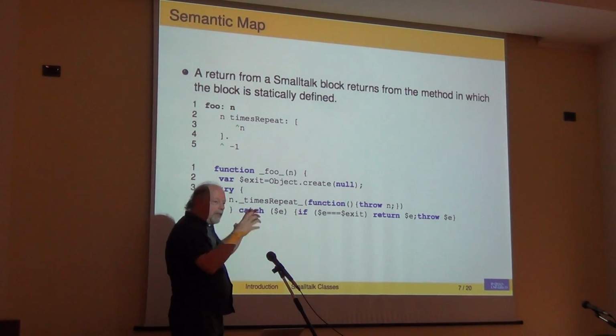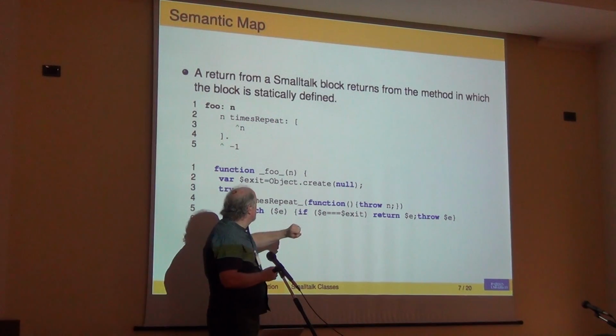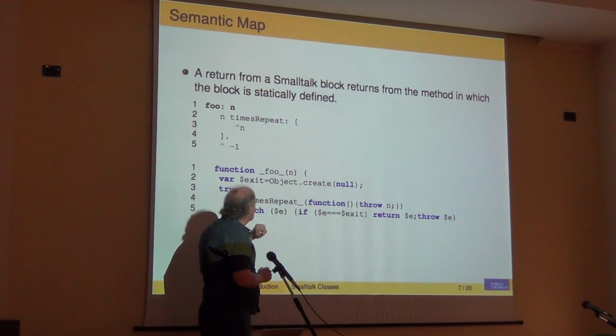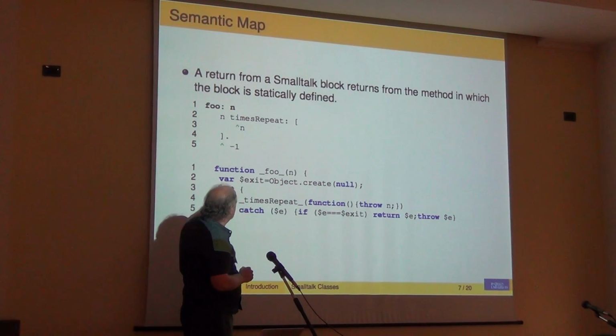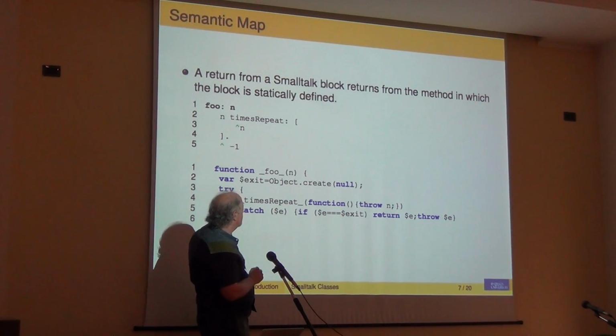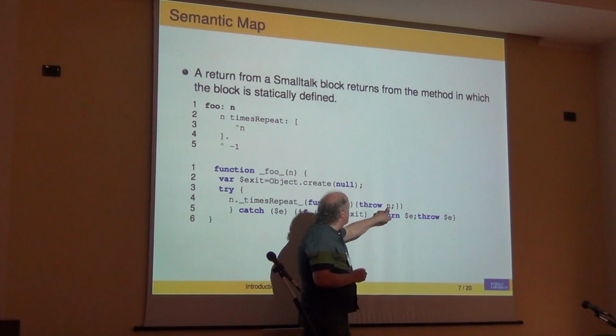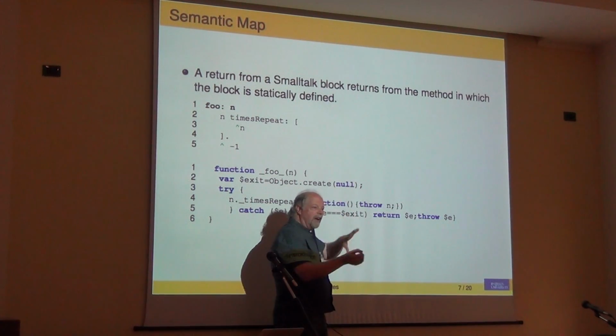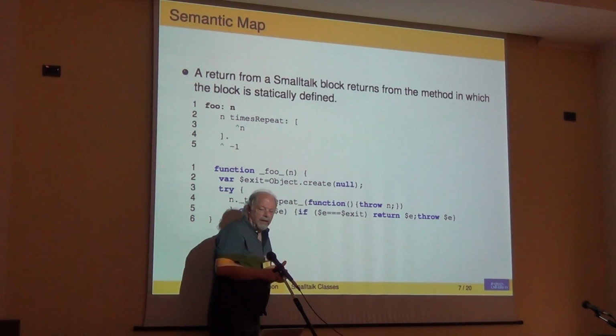Then from within the block, which is a function, you just throw the value that you want to return. Then in the catch block in the foo function, which corresponds to the method, you check to see if it's equal to exit. I left a piece out here, sorry. This should say throw $exit is assigned n. So this assigns exit to n and then throws it, and then it's easy to catch.